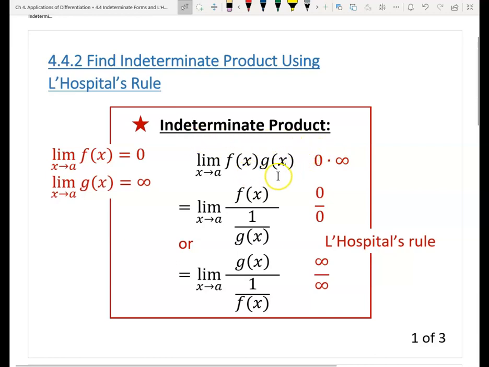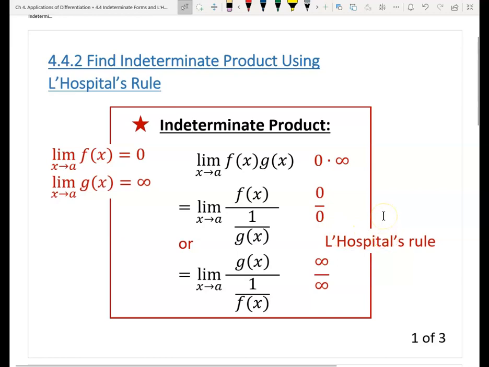We need a strategy, right? We have a simple strategy. We either can put f into the denominator, or put g into the denominator to make a fraction. Therefore, we can use L'Hopital's rule.